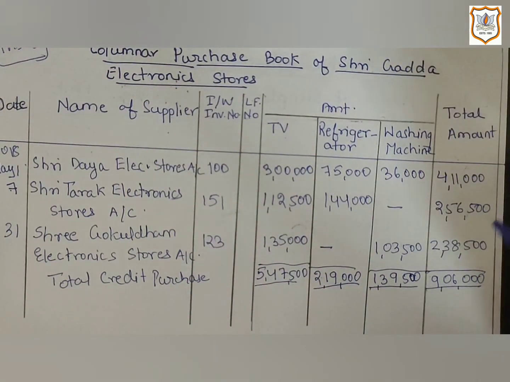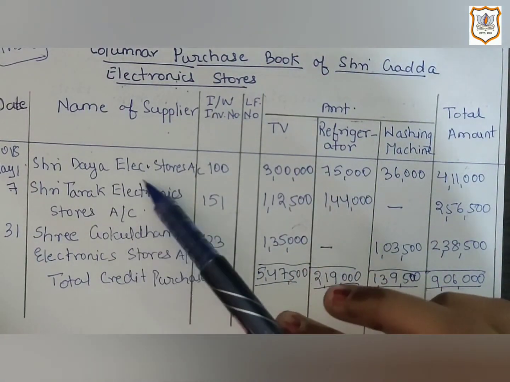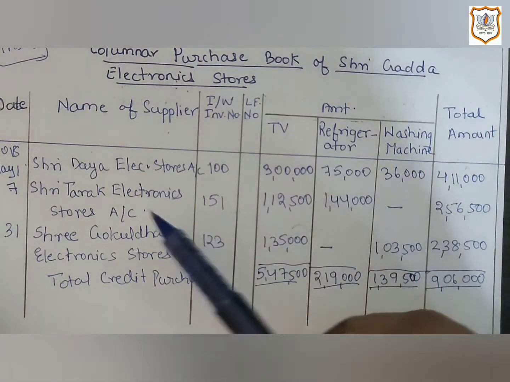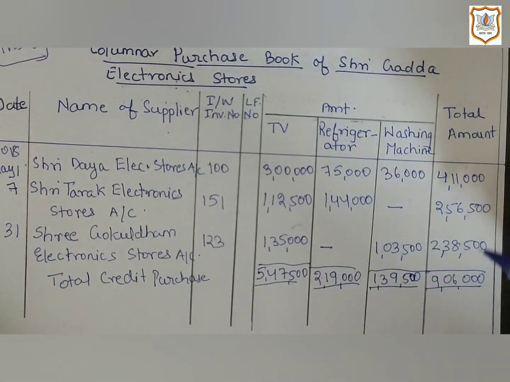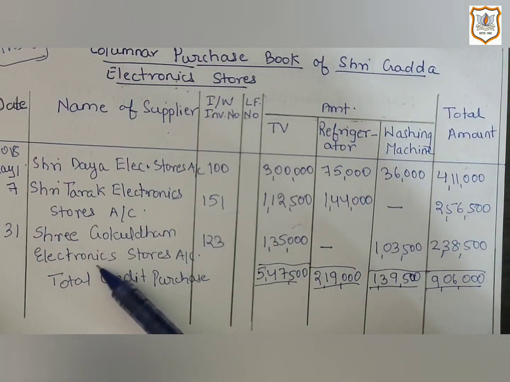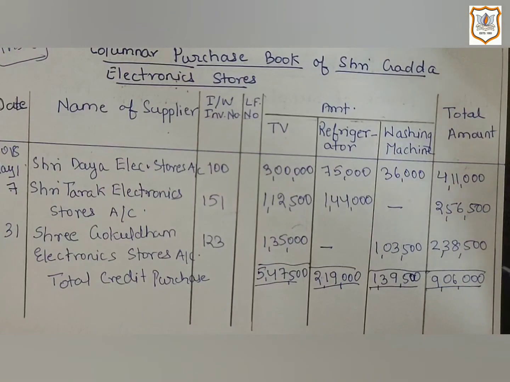So by preparing this, we can get a clear idea that we have to pay 4,11,000 to Sri Daya Electronic Stores, 2,56,500 to Tarak Electronic Stores, and a total amount of 2,38,500 to Sri Gokuldham Electronics Stores.